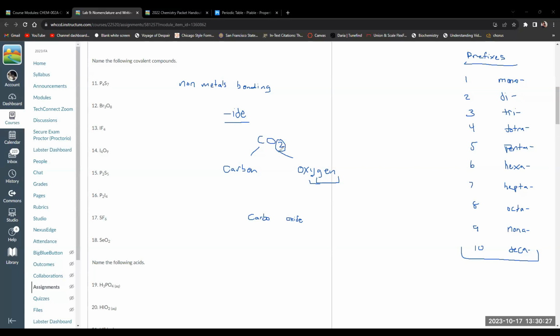That means there are two oxygens in this covalent compound. So which prefix are we going to use? 2.